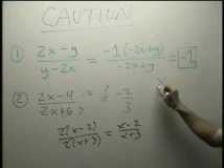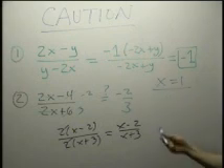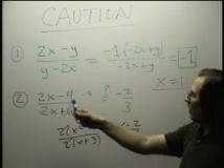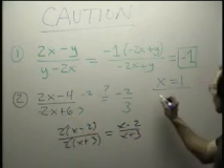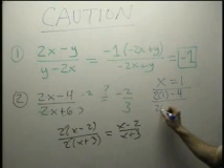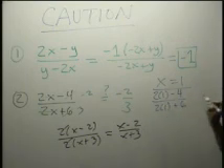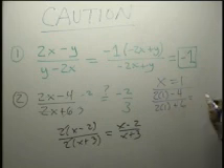Let's say x equals 1. If we evaluate our original expression for x equals 1, then we get 2 minus 4 is negative 2. 2 plus 6 is 8.